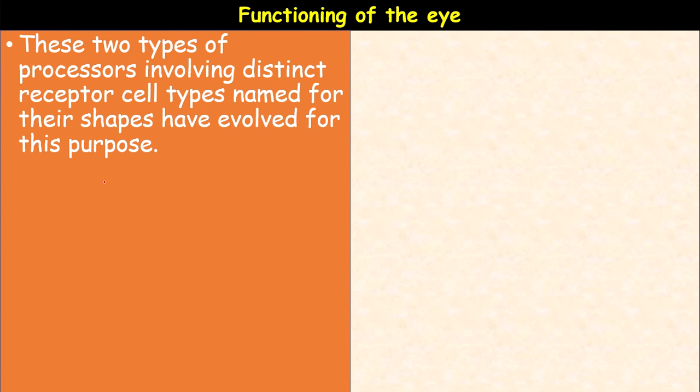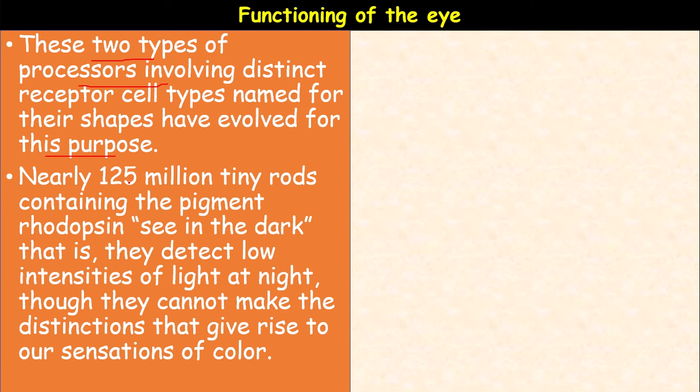So, let us know more. These two types of photoreceptors, involving distinct receptor cell types named for their shapes, have evolved for this purpose. There are nearly 125 million tiny rods containing the pigment rhodopsin.